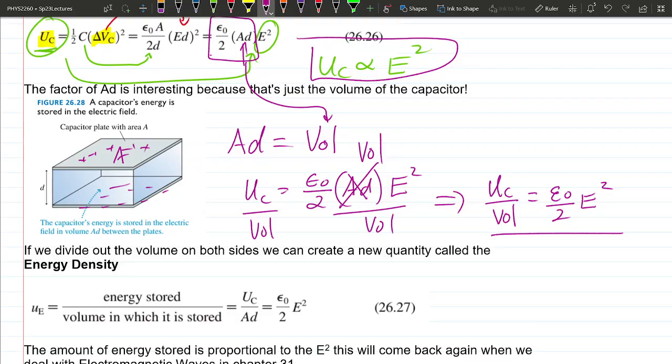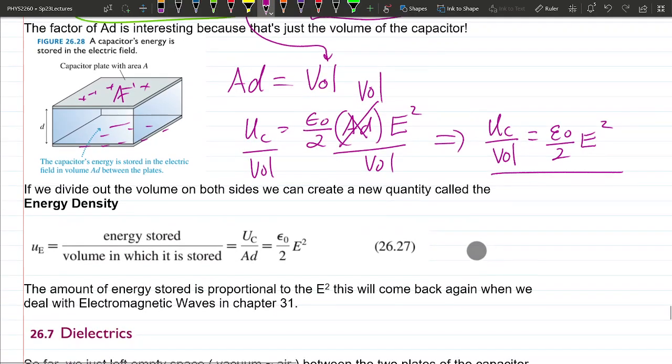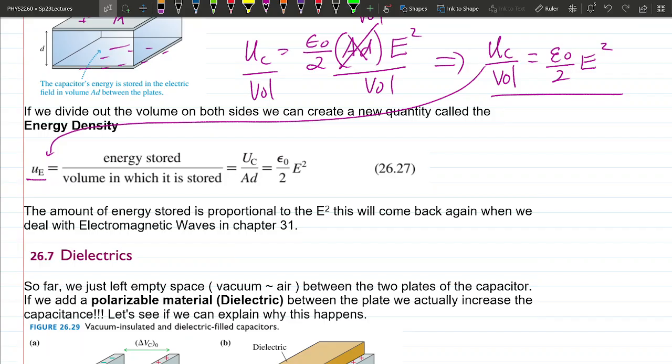Just like if I have some amount of mass and some volume, to figure out the density you take the mass and divide by the volume to get the mass density. Same thing here: you get energy density if you take the amount of energy stored in that capacitor divided by the volume. Unfortunately, as creative physicists, instead of an uppercase U for electrical potential energy, a lowercase u indicates density.